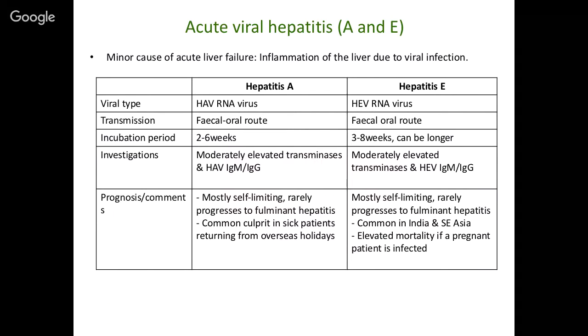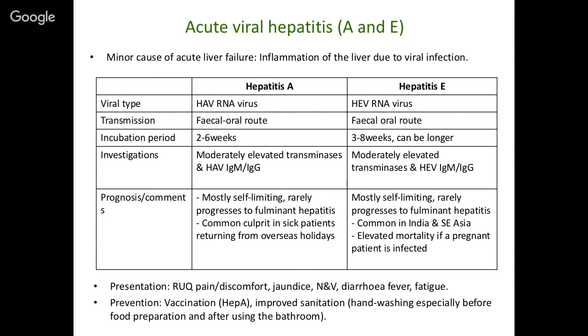So when you have your history station in your OSCE, which asks about maybe fever in a return traveller from overseas, always think about hepatitis A. Hepatitis E is more or less the same. It's very common in India and Southeast Asia. And if a pregnant woman is infected with hepatitis E, you need to consider hospitalisation straight away.